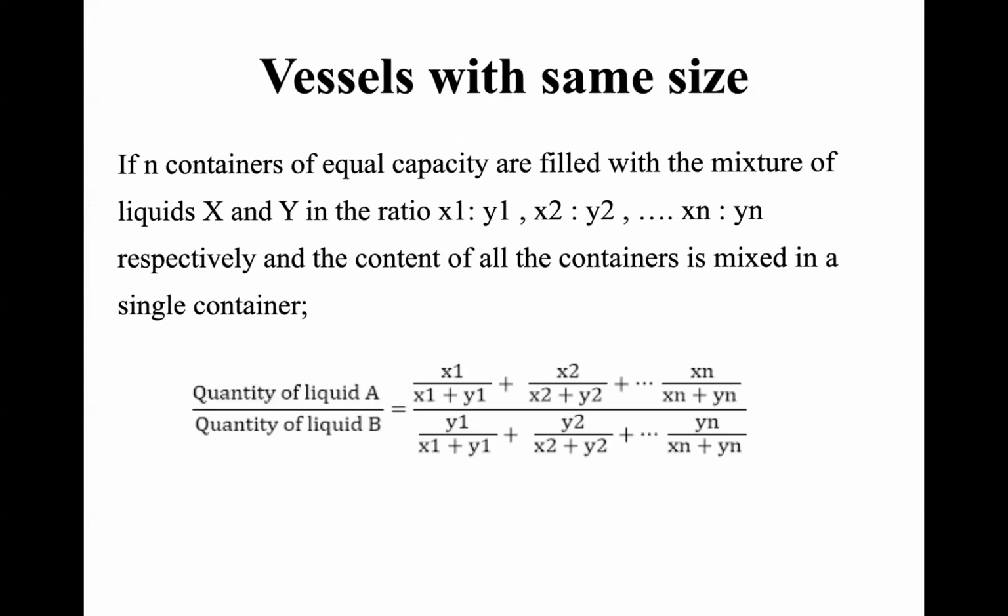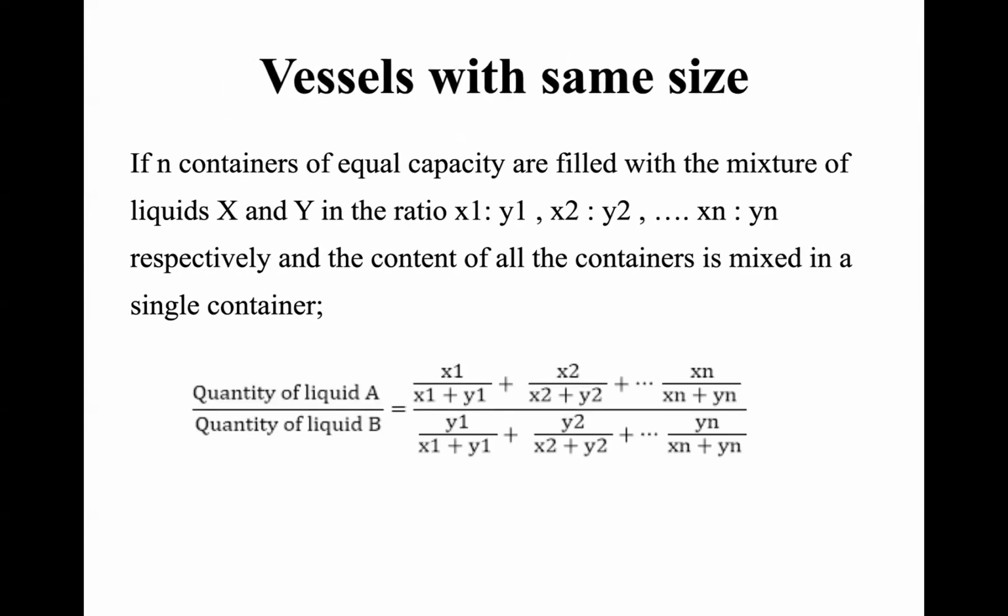Vessels with same size. If n containers of equal capacity are filled with a mixture of liquids x and y in the ratio x1 is to y1, x2 is to y2, and so on, xn is to yn respectively, and the content of all the containers is mixed in a single container, what is the ratio of liquid A to B?